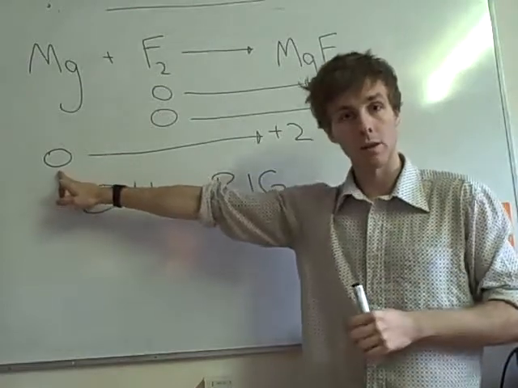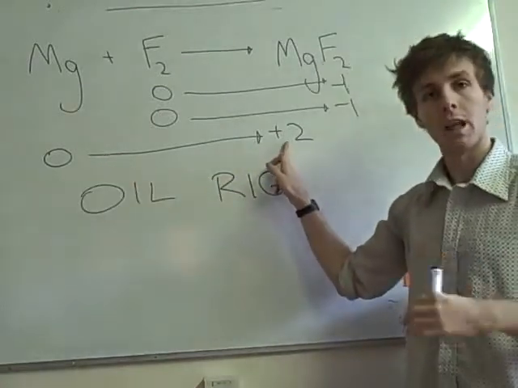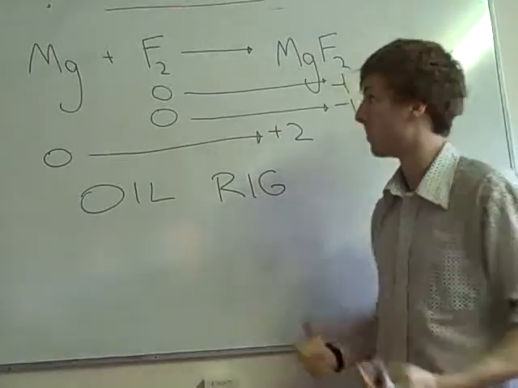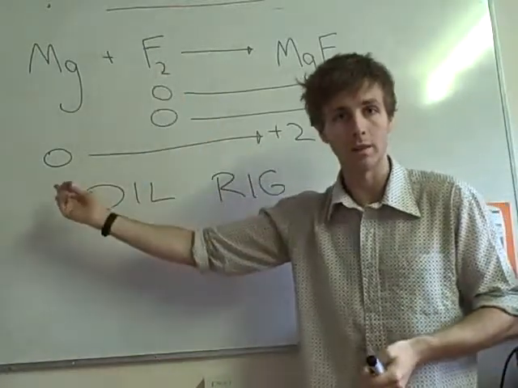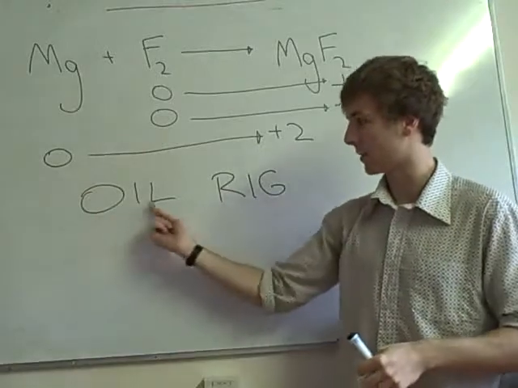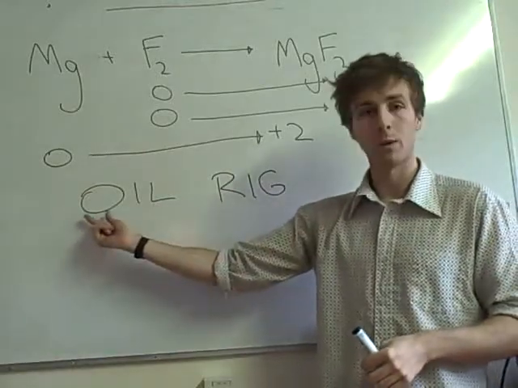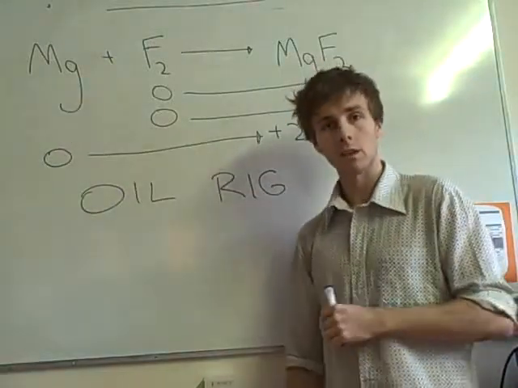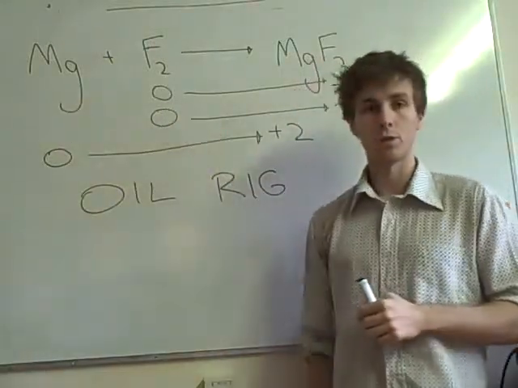Magnesium starts at 0 and ends at 2+. That's a more positive oxidation number. That has lost electrons. Basically, fluorine stole them from the magnesium. So oxidation is loss, and magnesium has been oxidized. So in this example, my magnesium has been oxidized and my fluorine has been reduced.